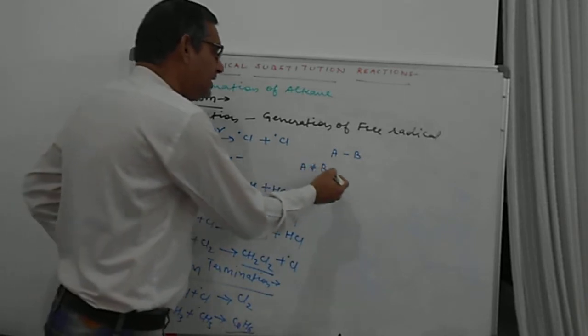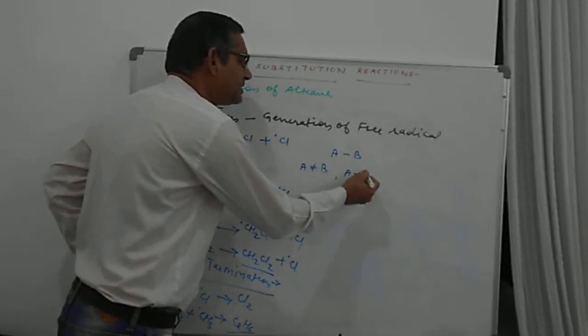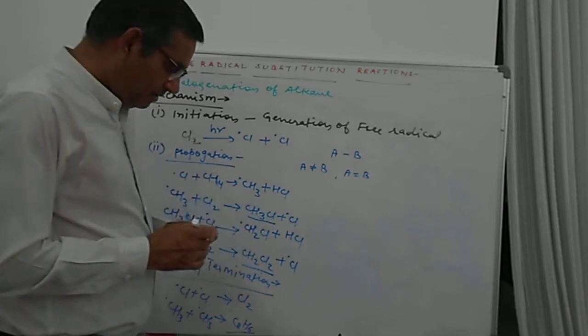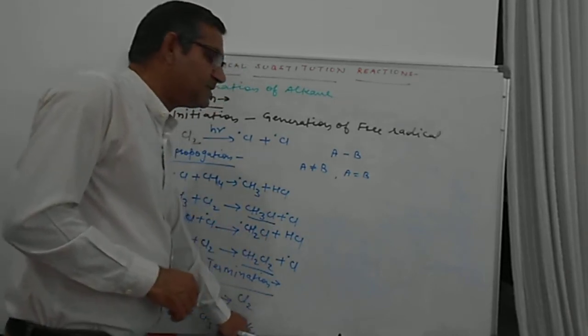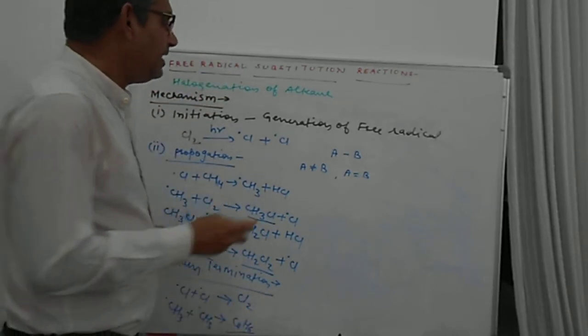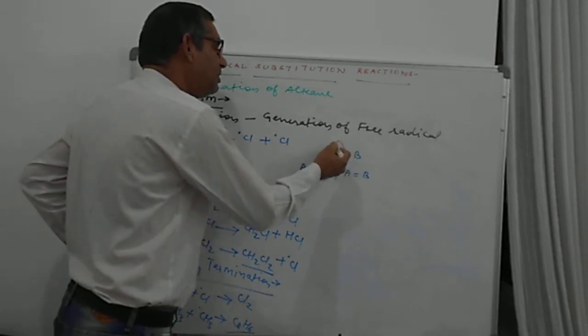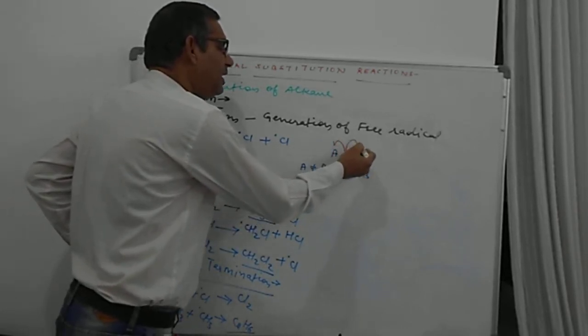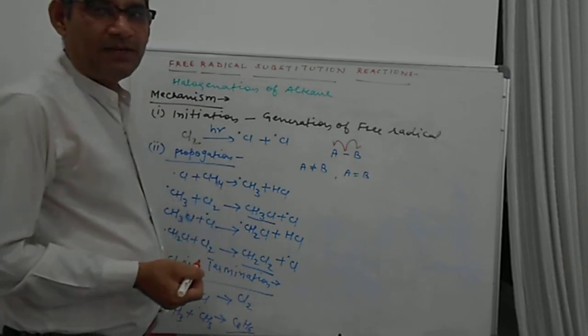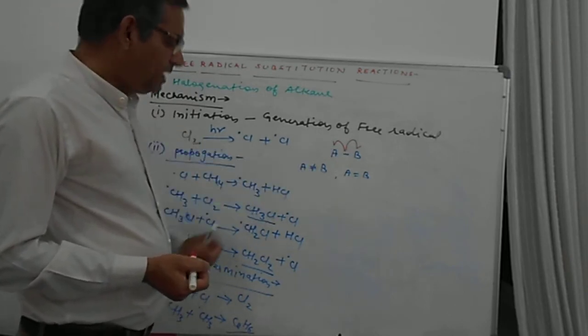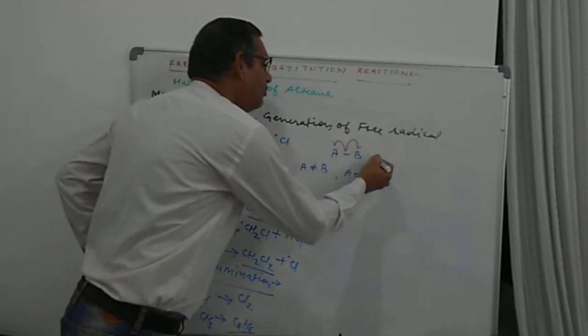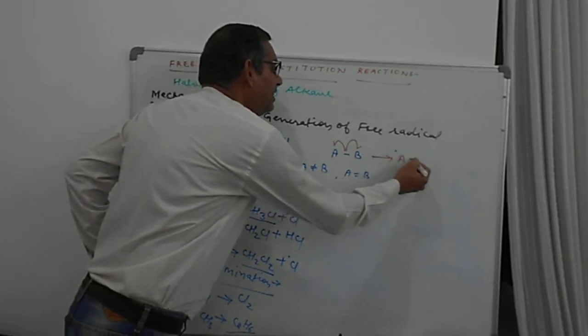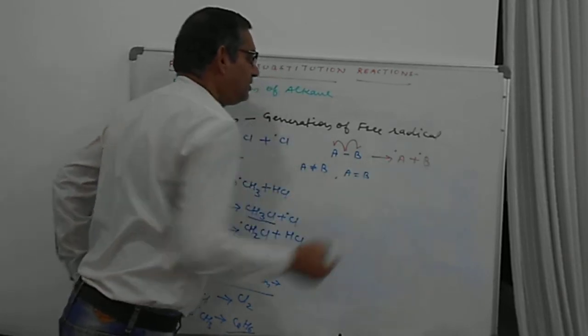But if the difference in electronegativity is not there, A and B both having almost the same electronegativity, then equal distribution of this electron pair to A and B will be there, and free radicals A and B will be formed.